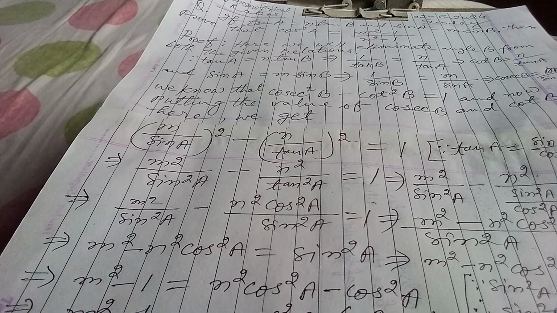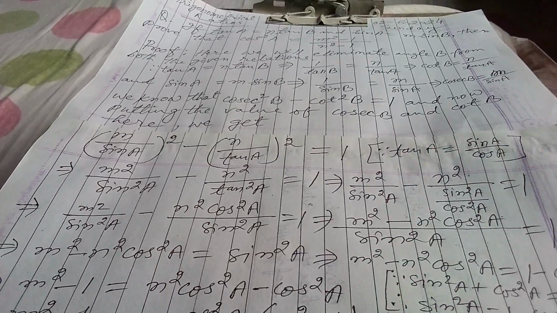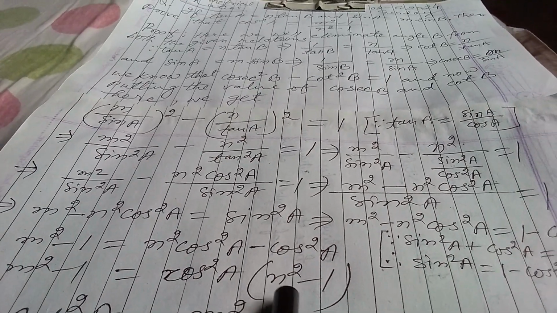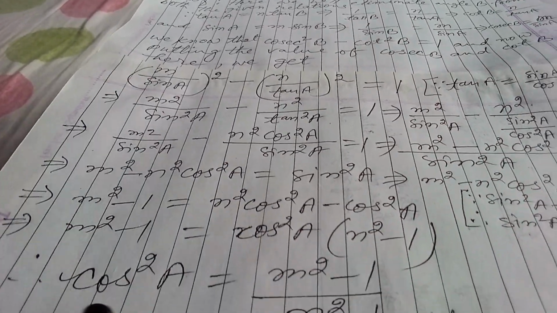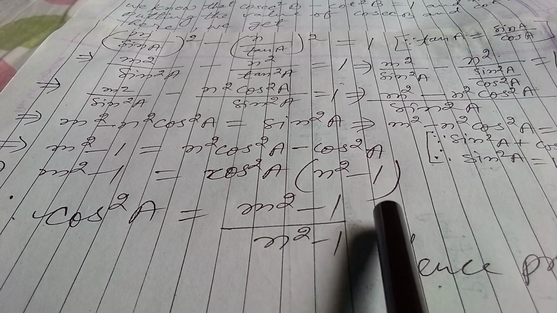Then this implies m square minus 1 equals, here we take cos square A common, and then in the bracket n square minus 1 is left. Therefore cos square A equals (m square minus 1) by (n square minus 1).